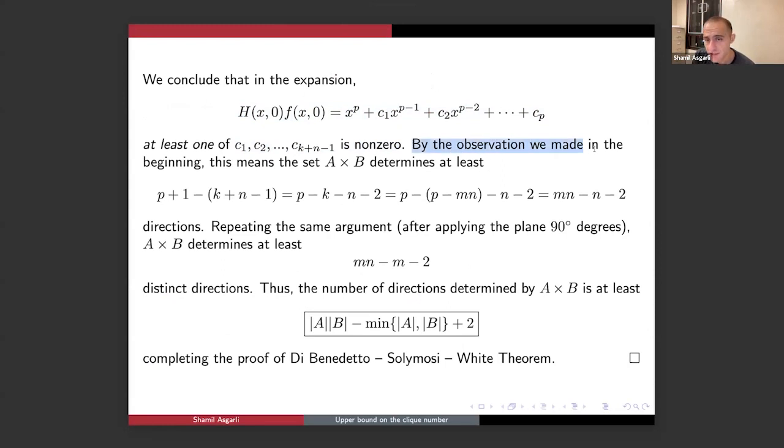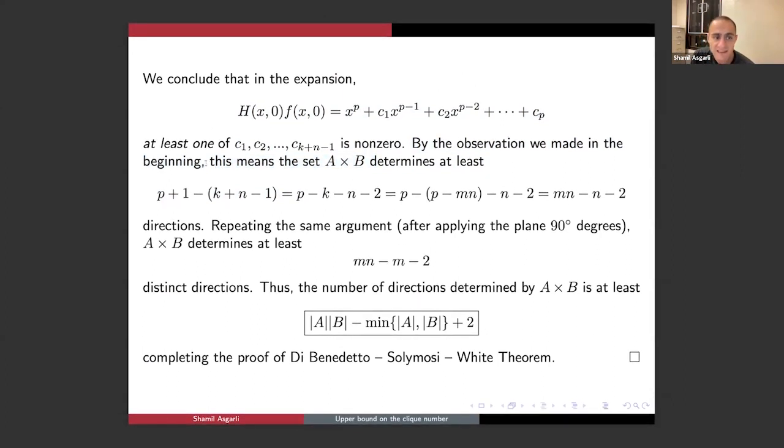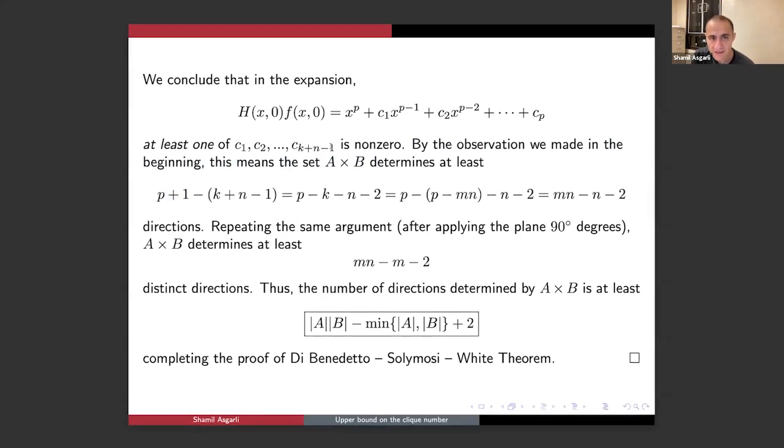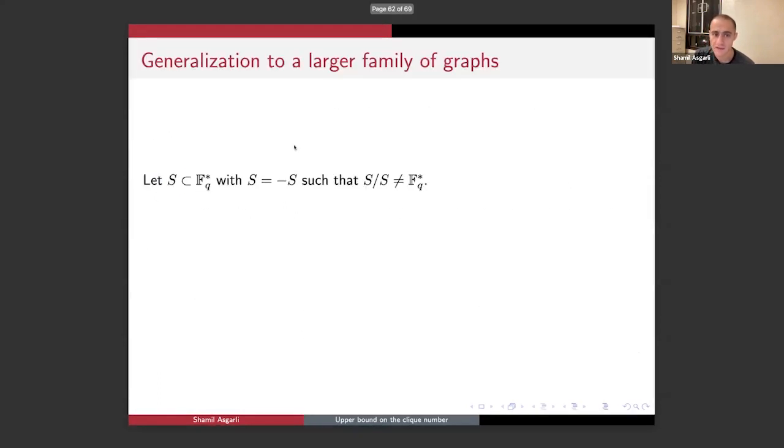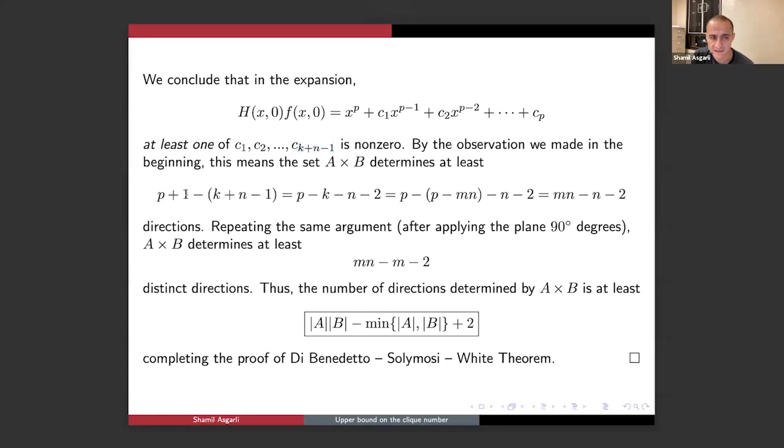But then by the observation we made in the beginning, this means that the set determines at least p plus 1 minus the worst case scenario, p plus 1 minus k plus n minus 1 directions.